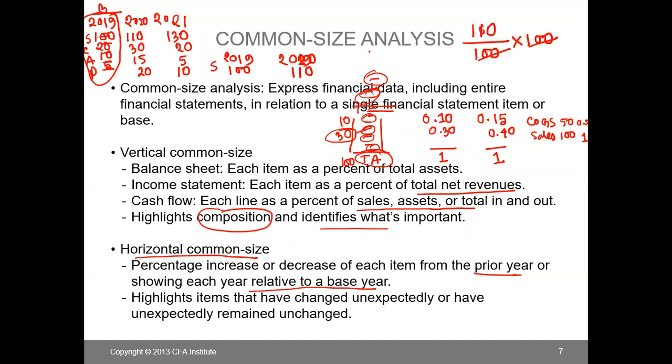Are you getting this? I mean, the 2020 sales is 110% of 2019 sales. If the 2020 sales figure is 110, and the 2019 sales is 100, 110 is what percentage of 100 sales of 2019?